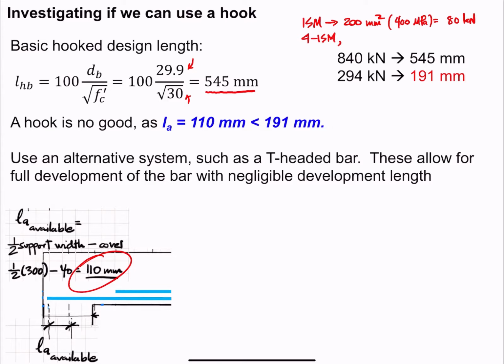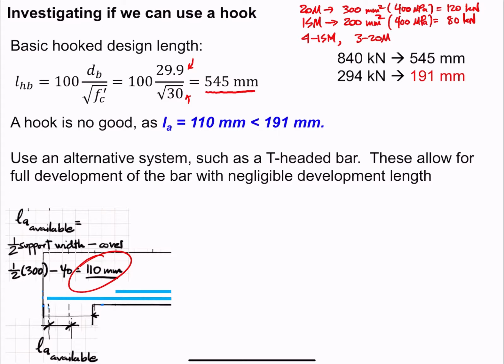If you use, let's say, 20Ms, these bars are 300 square mm, times 400 megapascals. So these bars carry 120 kilonewtons. So we are carrying 294 divided by 120, about 3, so 3 20Ms.